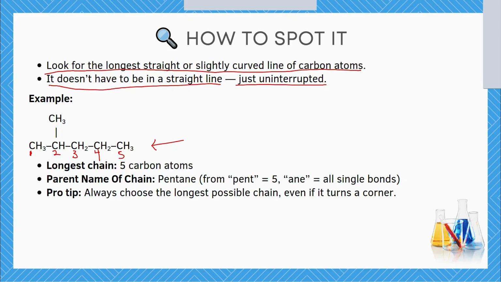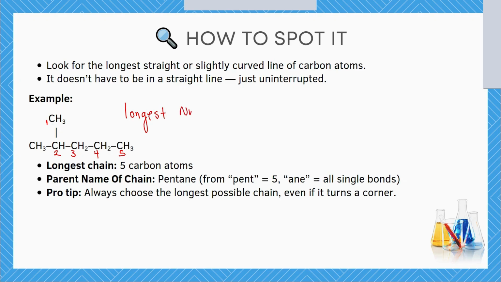Or I can go another way, and from here I can start numbering, saying carbon number 1, carbon number 2, carbon number 3, carbon number 4, carbon number 5. Whichever way I number it, I just have to make sure that I get the longest number of carbon atoms in the chain.